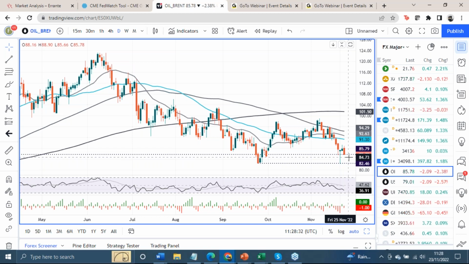The downtrend really was put in place by the IEA, the International Energy Agency, recently, citing a bunch of headwinds for oil demand going forward. That included China's persistently weak economy, obviously the energy crisis in Europe if that flares up again, and then recession odds and potentially dollar strength.